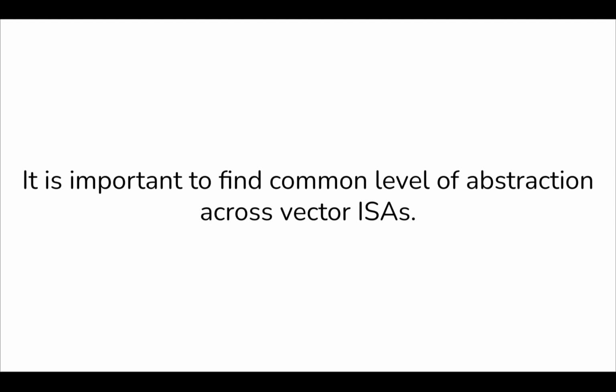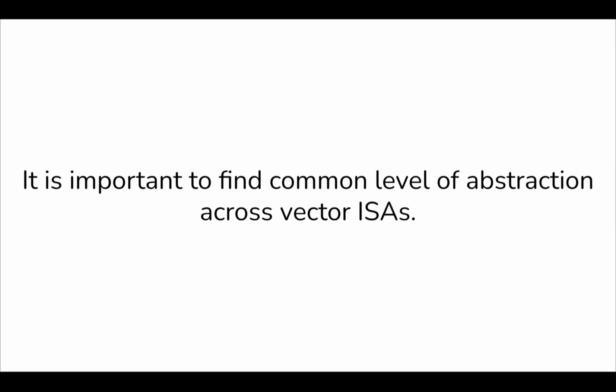And the first insight we make in the paper is that it's really important to find common levels of abstraction across these ISAs. So if you just port one level of abstraction, let's say move masks from x86 to ARM or to Power, it might work, right? You can use a SIMD library that provides implementations for all of this. But the problem is that it might not be the best way to solve the problem you're actually solving on that ISA.